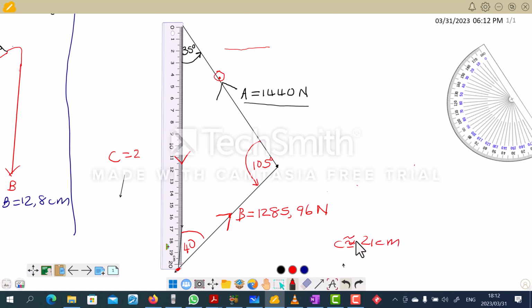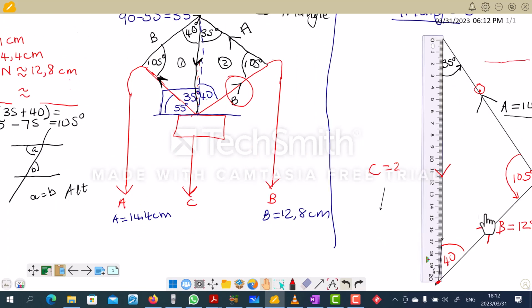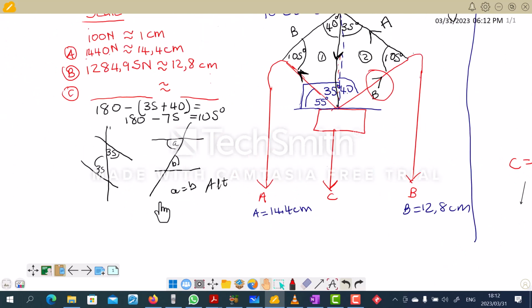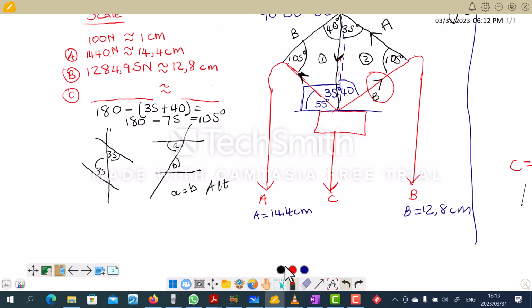So if we put 21 centimeters in newtons, remember we have a scale here. This is 21 centimeter. And then we want to find what 21 is in newtons. So you set 21, you multiply again by 100.